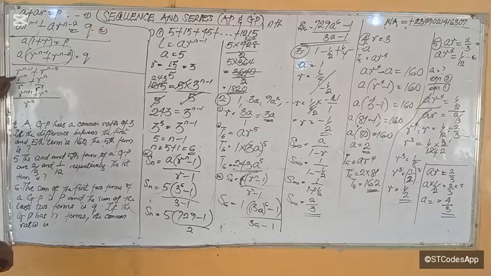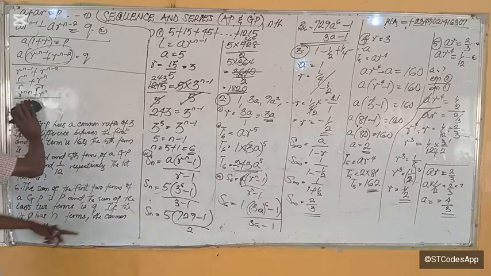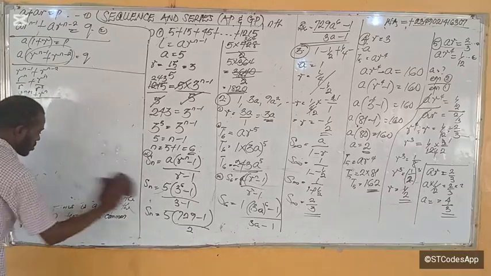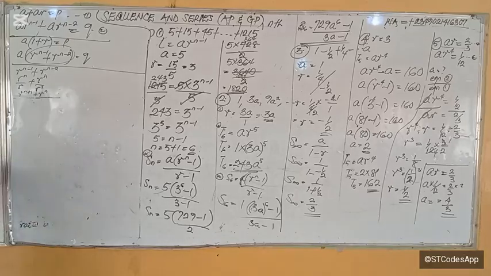R times this. Okay, so what can we do from here? We are looking for the common ratio, the expression for the common ratio: r^(n+1) over r squared.